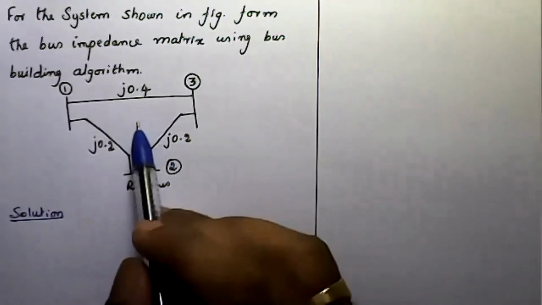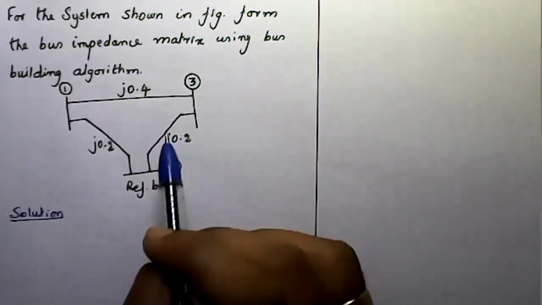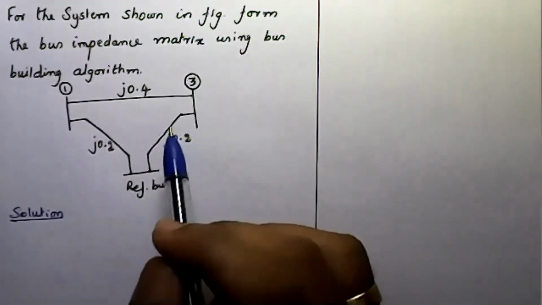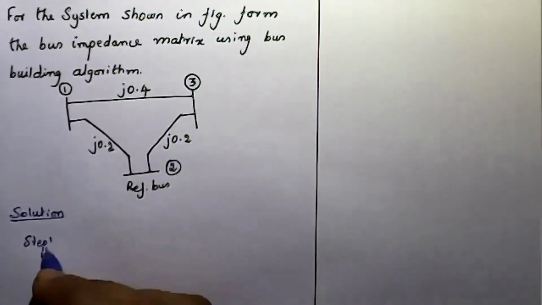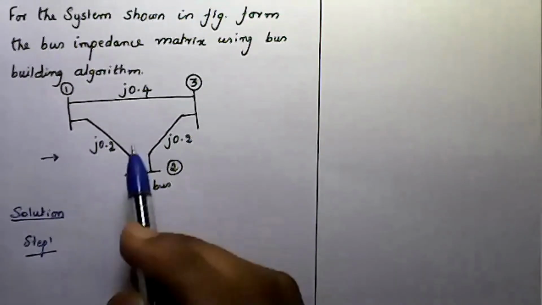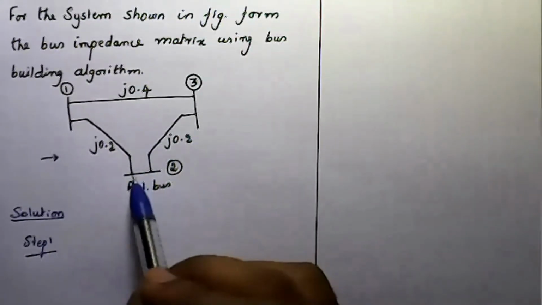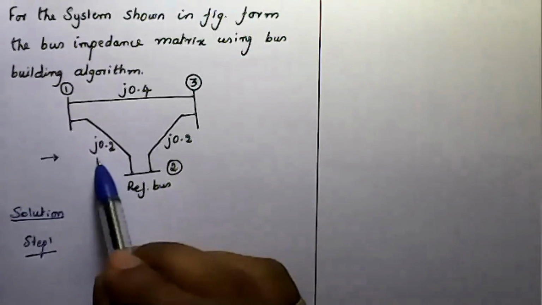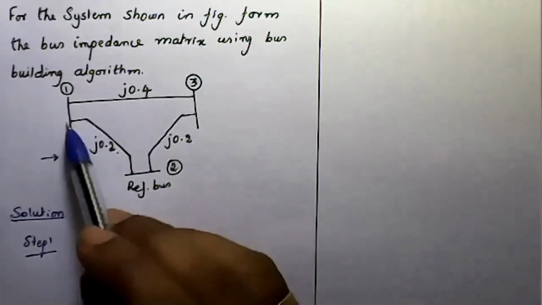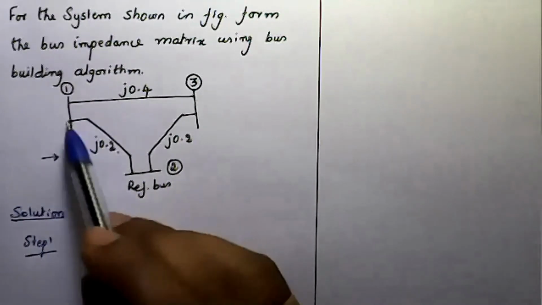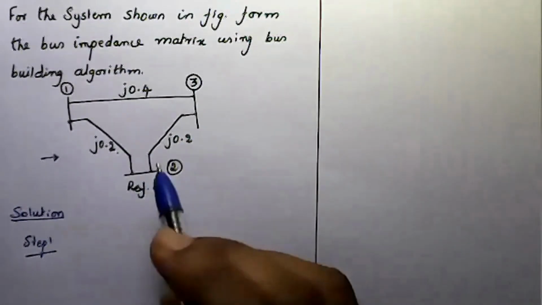For that line diagram, we are forming the bus impedance matrix by using the bus building algorithm. Here, first step, start the problem from here. The branch impedance of j 0.2 is added between bus 1 and the reference bus.